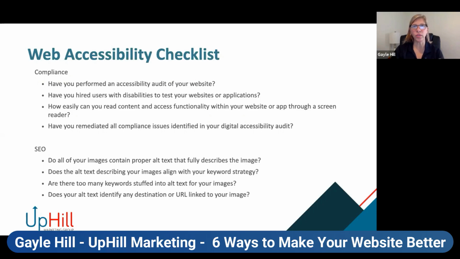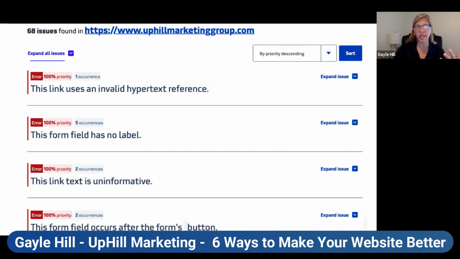But you can go do an accessibility audit of your website. And I can tell you the place to go to get that too. So far, you can do a site audit on your entire website to check for the technical SEO issues. You can do the site speed audit to check the site speed, and you can do an accessibility audit to find out how your site complies. And I ran one on mine just to see, and as you can see there, it says 68 issues found.